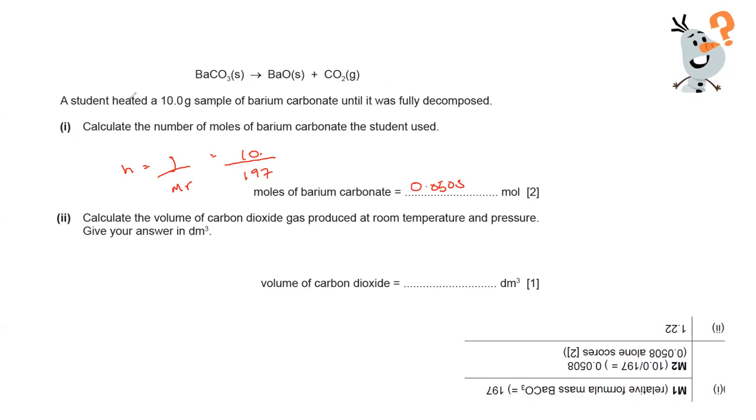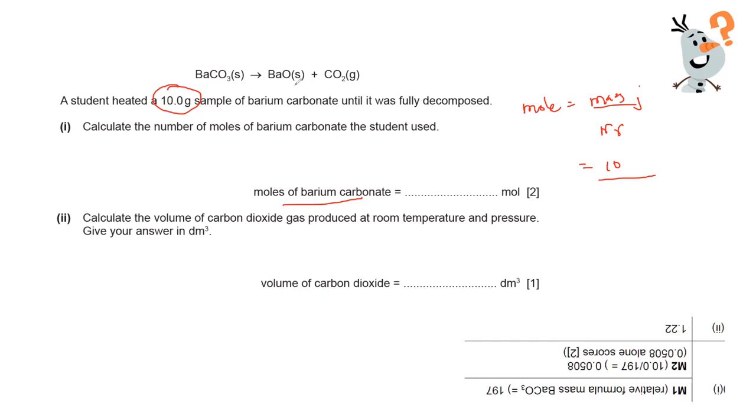Look, the mass is given and we need the moles. So we have the formula moles equal mass in gram divided by molecular mass. Mass in gram is 10. And what about the molecular mass of barium carbonate? Barium is 137 plus carbon is 12 plus oxygen is 16 multiplied by 3. So it will be 10 divided by 197, which comes out as 0.0508.